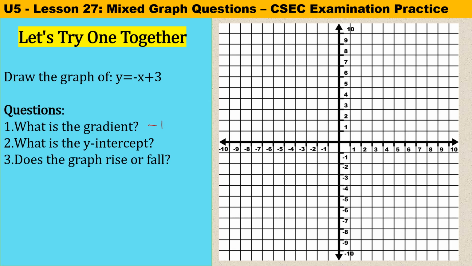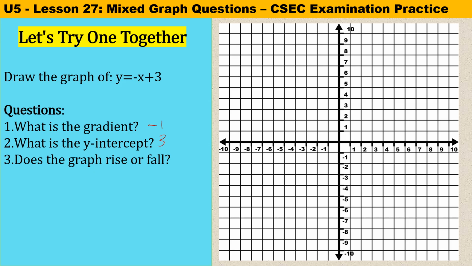The y-intercept is 3. And the question is, does the line rise or does it fall? Because your gradient is negative, you are going to reduce. So it tells you that your line will be falling.